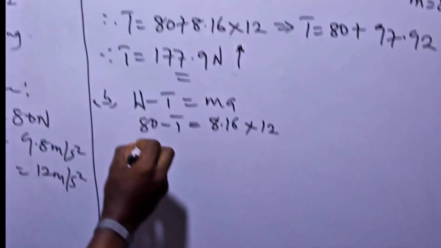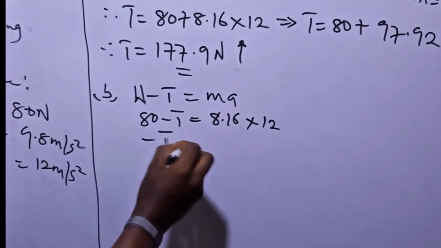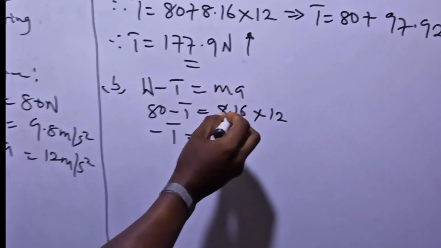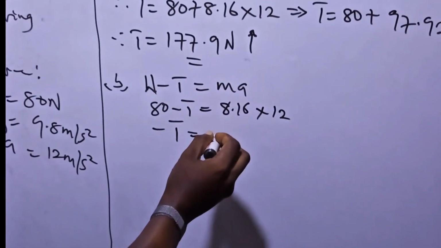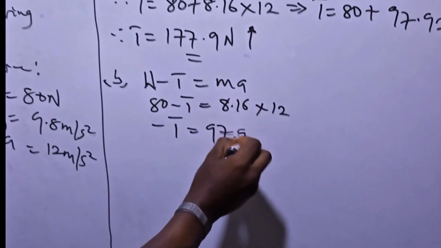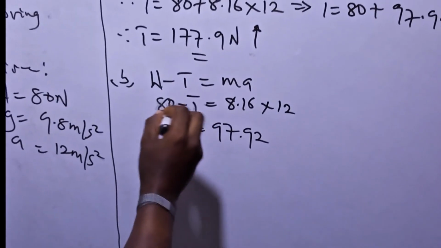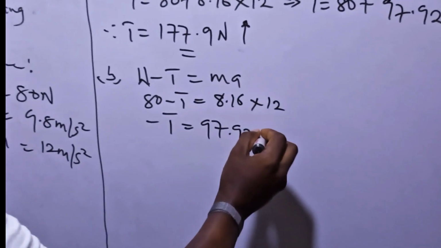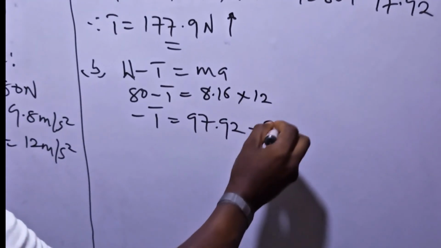Therefore, we have minus tension T equals 8.16 times 12, which is 97.92, and this 80 crossing over to that side of the equation sign, you will have minus 80.